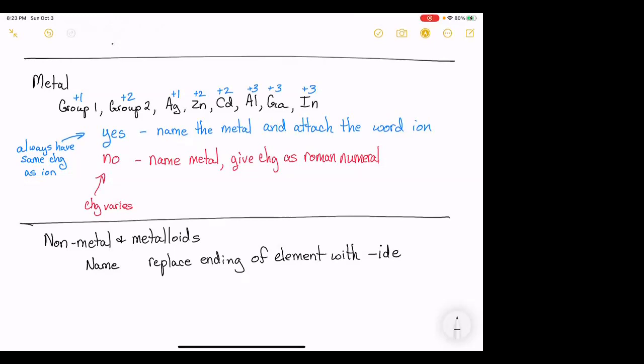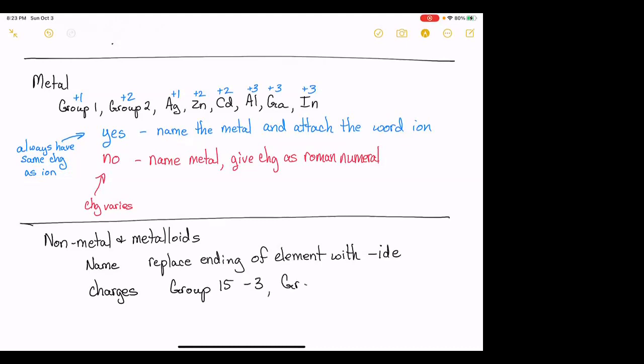And unfortunately, other than in the halogens, I can't just say what you replace. In the halogens, you replace the INE with IDE, but with the others, you're just going to have to get used to what you replace. Now for the charges, if I say I have nitride, because it's in group 15, it's going to be a -3.